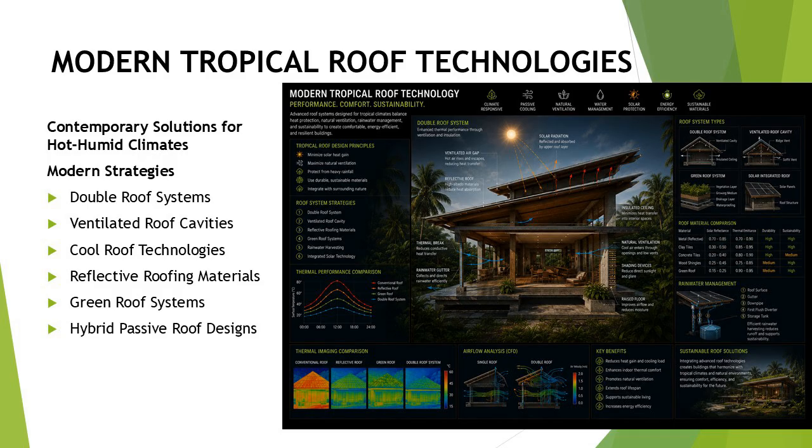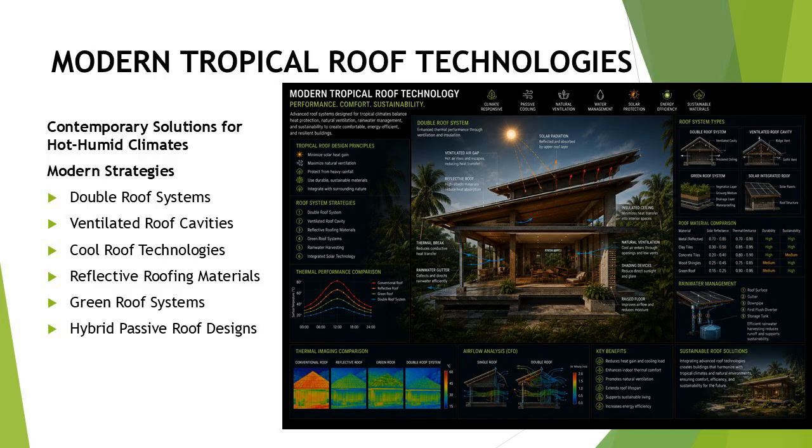One example is the double roof system. In a double roof configuration, two roof layers are separated by an air cavity. This cavity acts as a thermal buffer. Heat absorbed by the outdoor roof dissipates before reaching the interior.